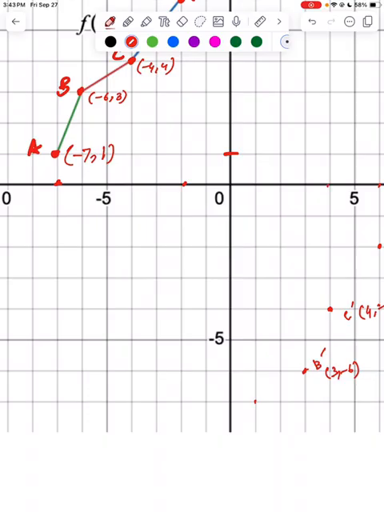Did we? So it will be 3, negative 6. That's right. Then we should have 1, negative 7. Okay.